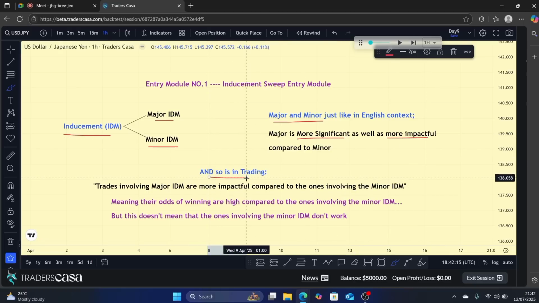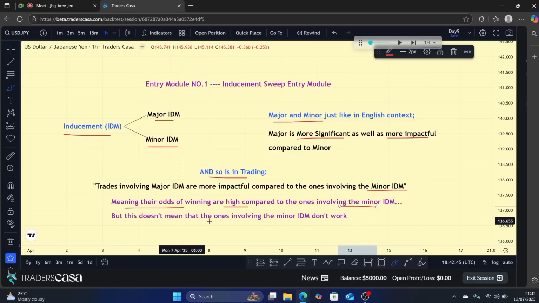Trades involving major inducement will always be of more significance or more impactful compared to the ones that involve the minor inducement, meaning the odds of winning the trades that involve major inducement are high compared to the trades that involve the minor inducement.